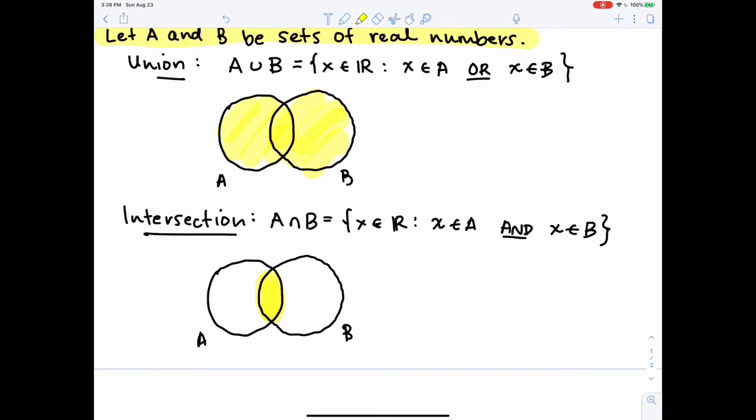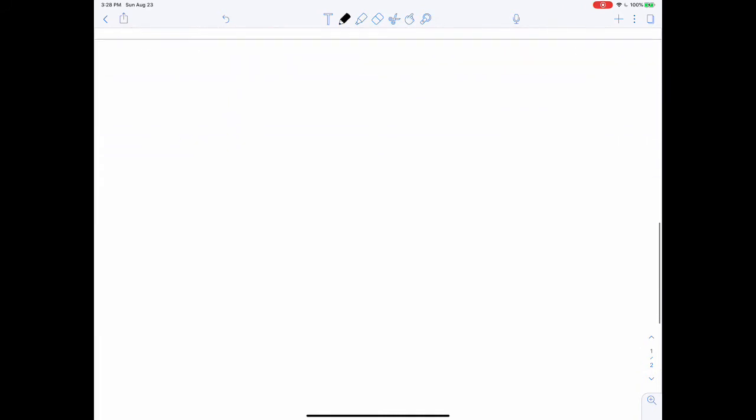Now, some of you may have already been exposed to indexed families of sets, like when you take infinite unions and infinite intersections, and some of you may not have seen that in your proofs class. I'm going to give us a brief overview. So I'm going to take a look at infinite unions and intersections.